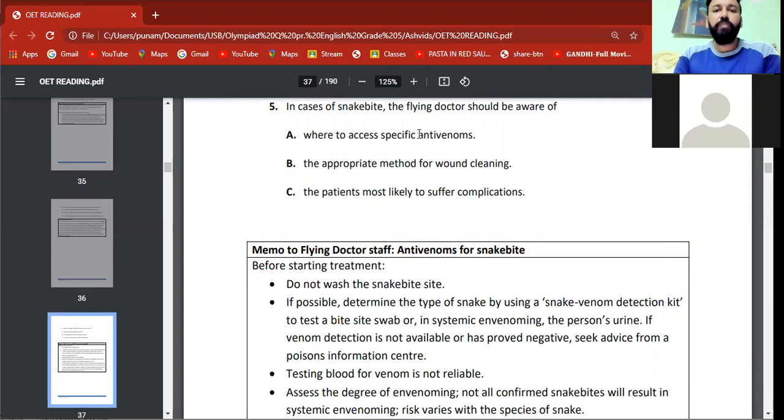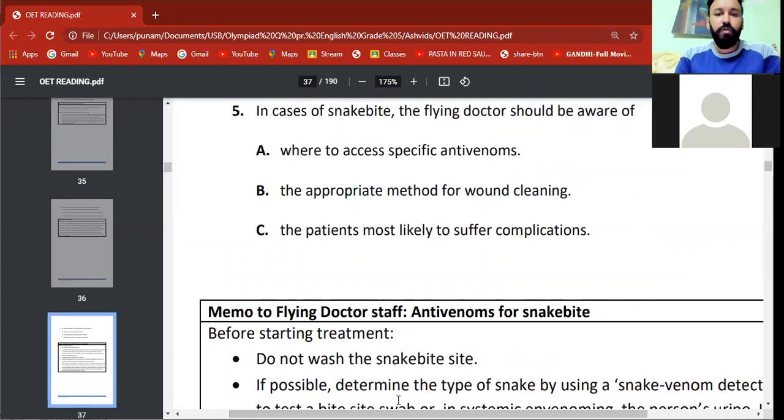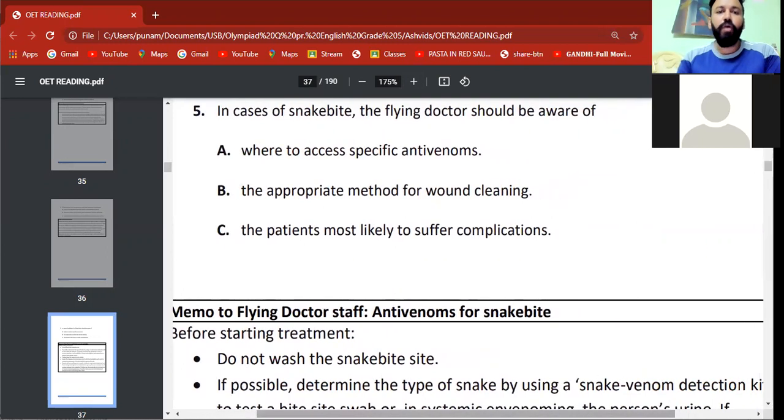In cases of snake bite, the flying doctor should be aware of where to access specific antivenoms. Second, appropriate method for wound healing.